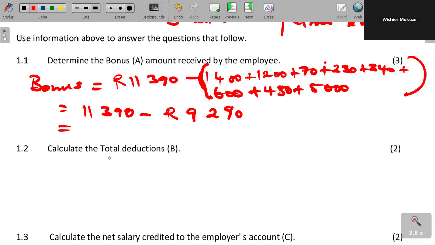What do we get? This gives us the difference of 2,100. This is our bonus. So the bonus contribution was 2,100, which we see there.